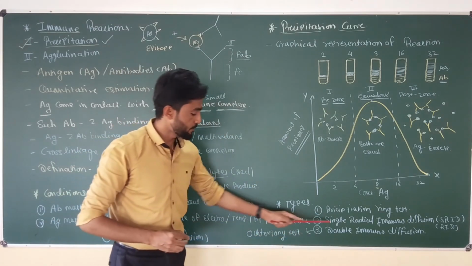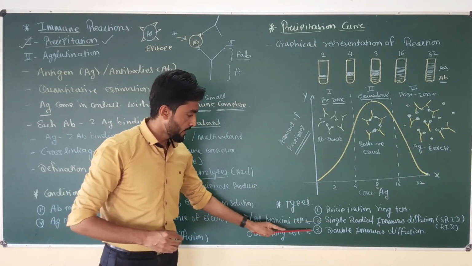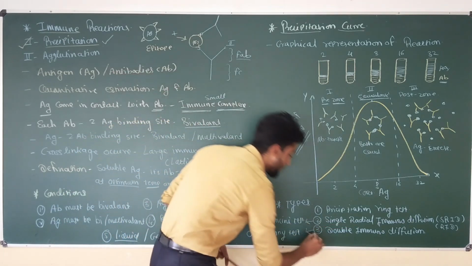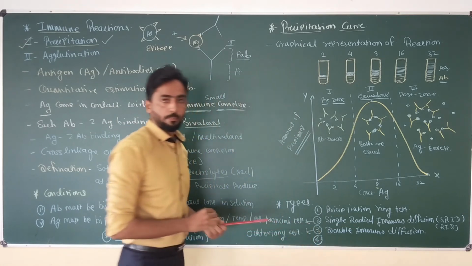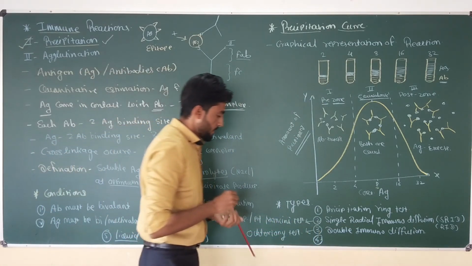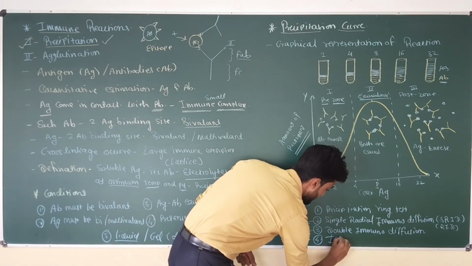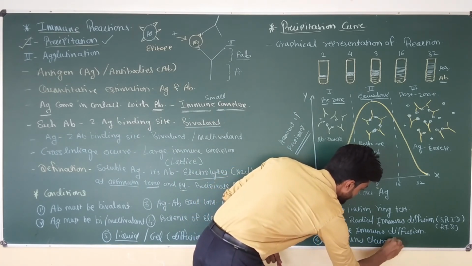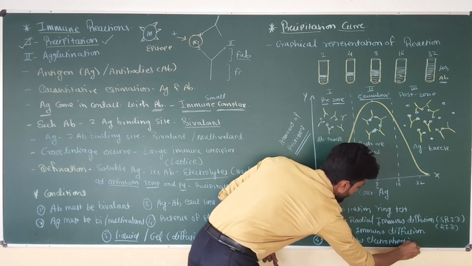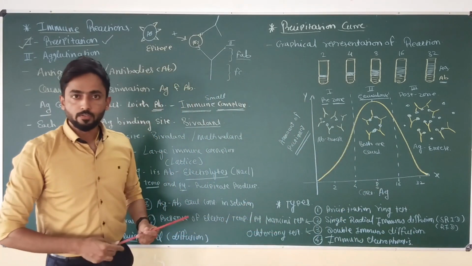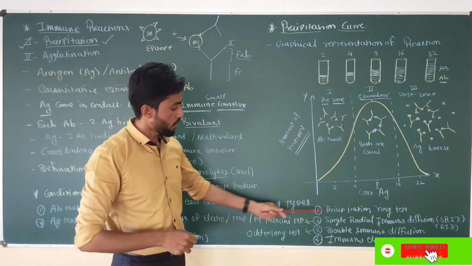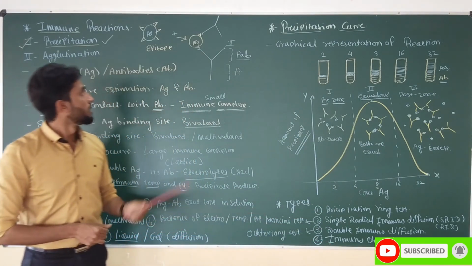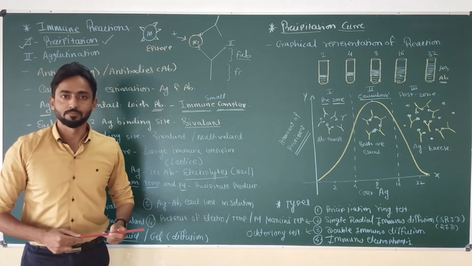So single radial diffusion is the Mancini test and double immunodiffusion is the Ouchterlony test. The last type of precipitation reaction is immunoelectrophoresis. So in this video series, I am going to discuss all these types of tests which are based upon the precipitation reaction. Thank you.